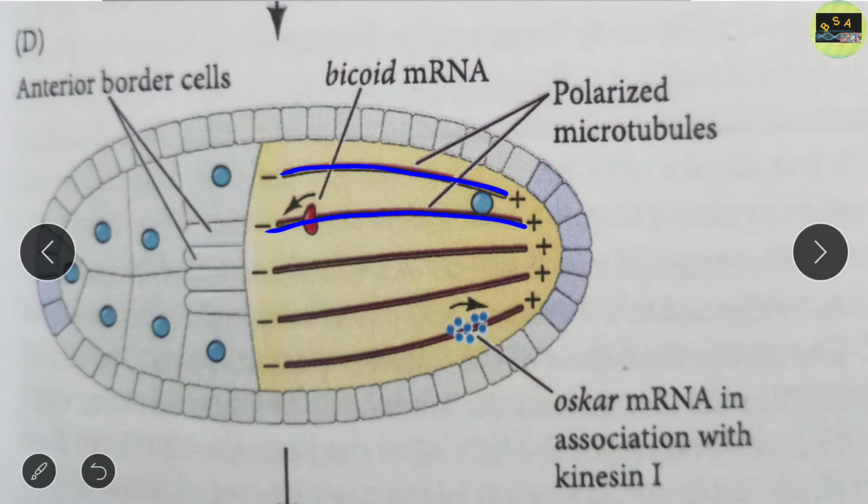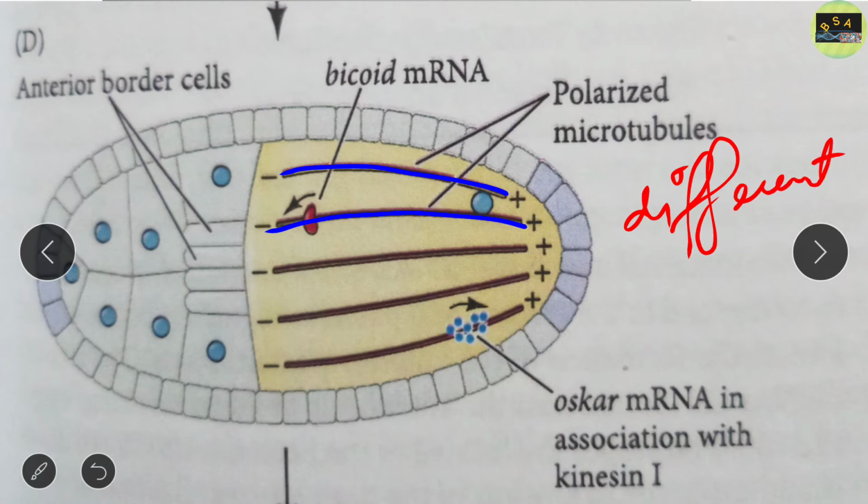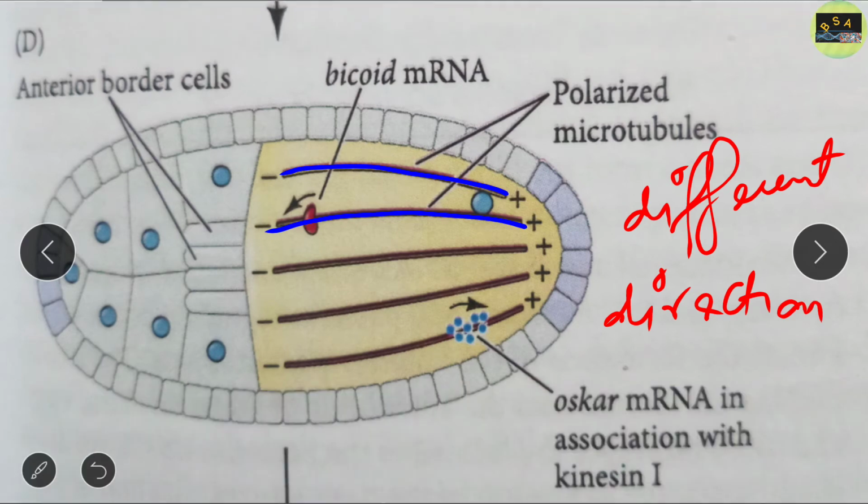The orientation of the microtubule is critical because different microtubule motor proteins will transport their mRNA or protein cargos in different directions. Clear? Now remember one point, just note it down.